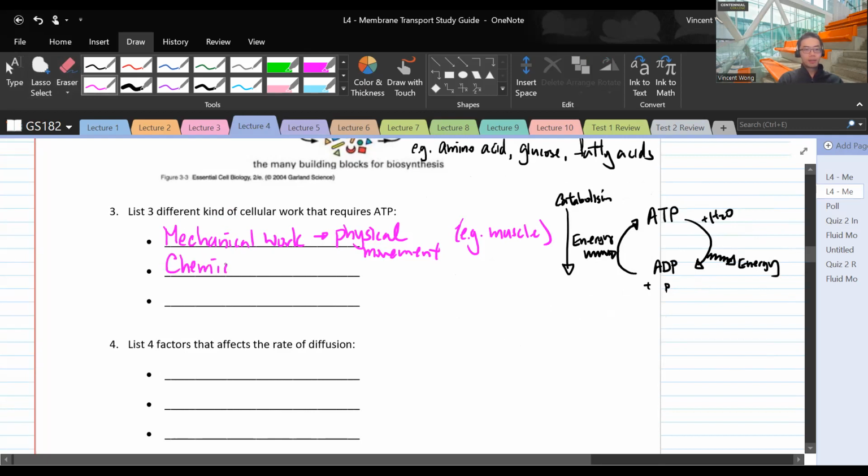Chemical work, such as anabolism, enzymatic work. Those require energy.